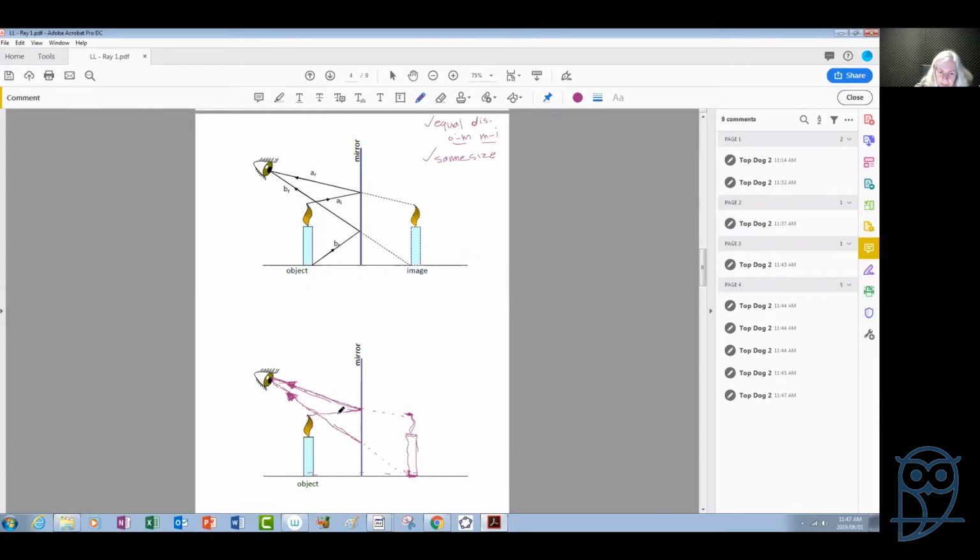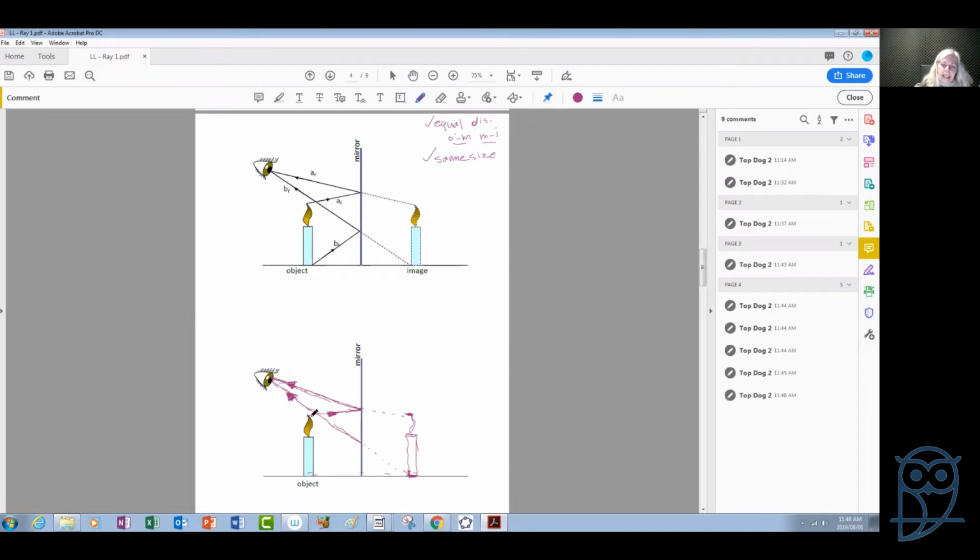So be careful, this ray comes from the top of the flame. When I say real ray, I mean a real beam of light coming from the top. Rays are, strictly speaking, the lines that we draw.